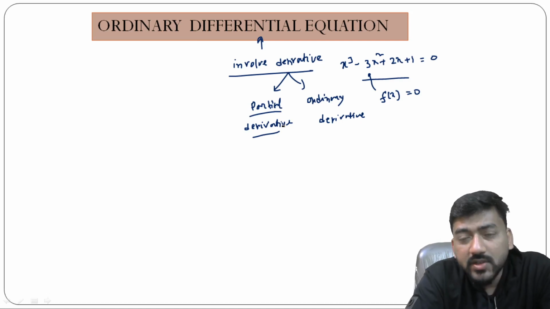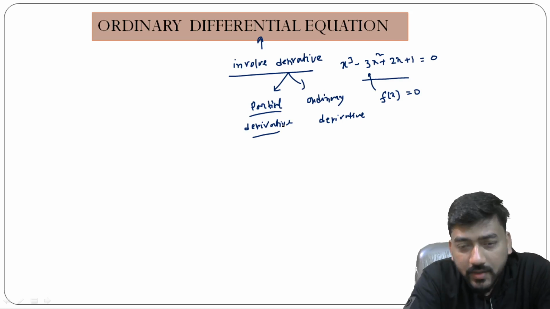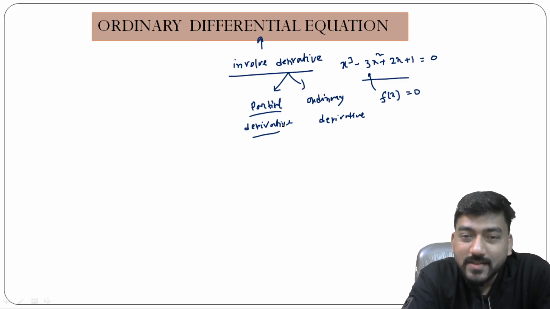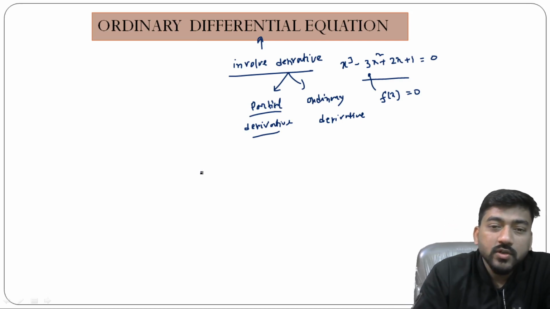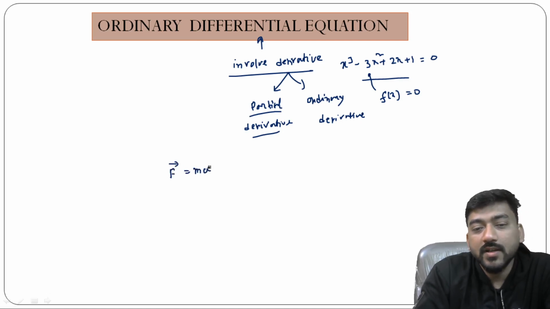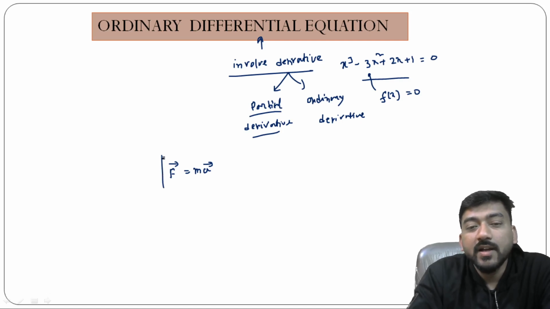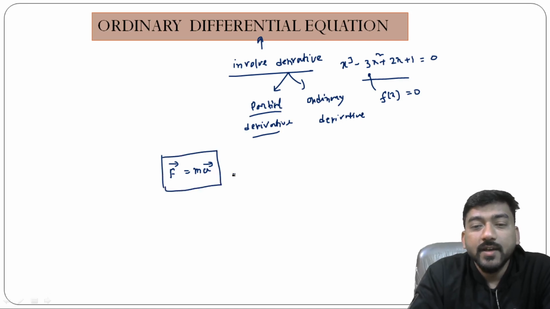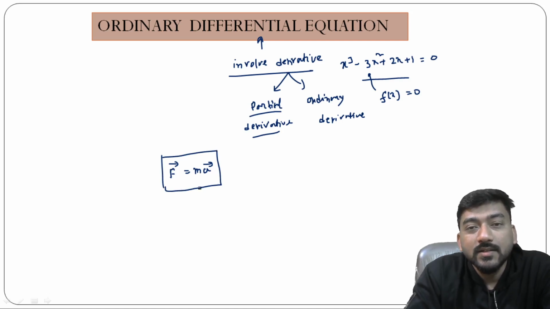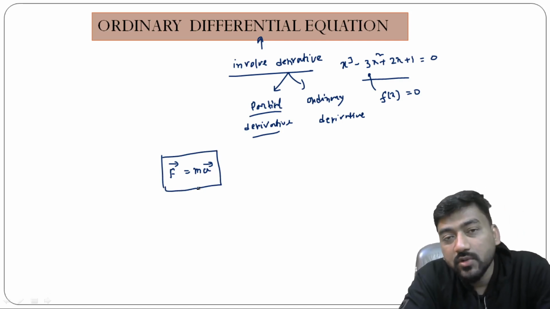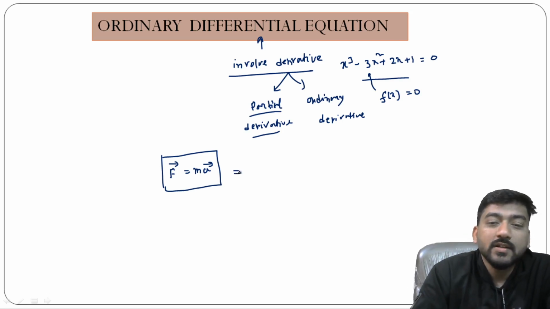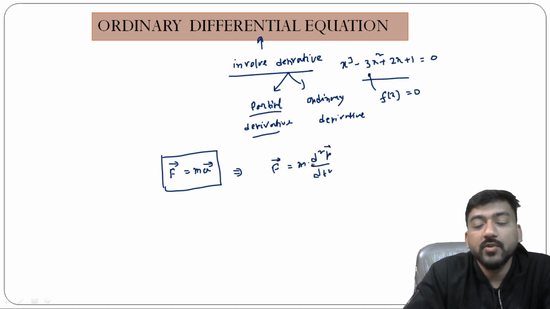If you go through the very basic topics of mechanics, the starting of dynamics, that is Newton's law, force is equal to mass into acceleration, F is equal to ma. This is basically a differential equation, because acceleration is the second derivative of position. You can write it in differential form, F is equal to m into d2r upon dt square, where r is the position vector.